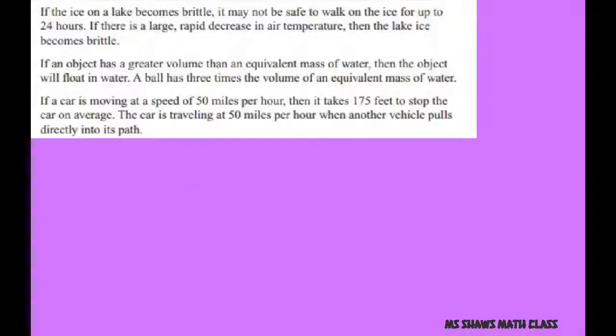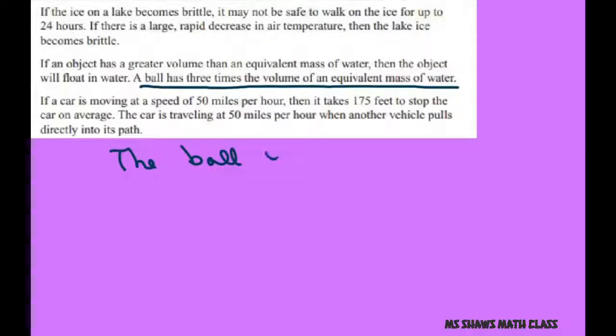If an object has a greater volume than an equivalent mass of water, then the object will float in the water. The ball has 3 times the volume of equivalent water. So basically, the ball will float in water. All right, so this is detachment.